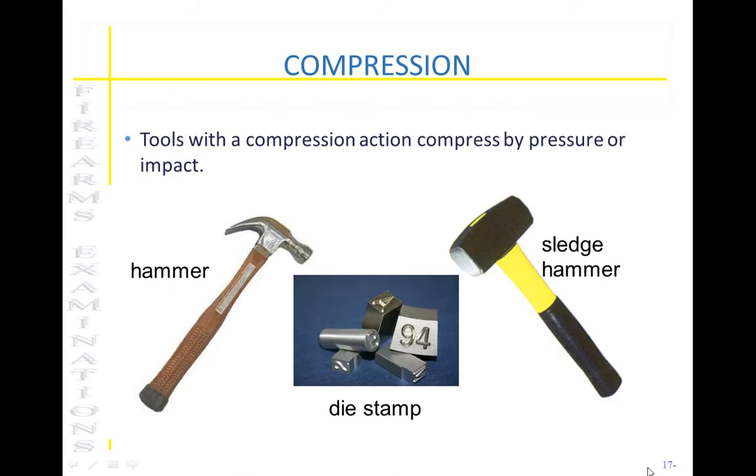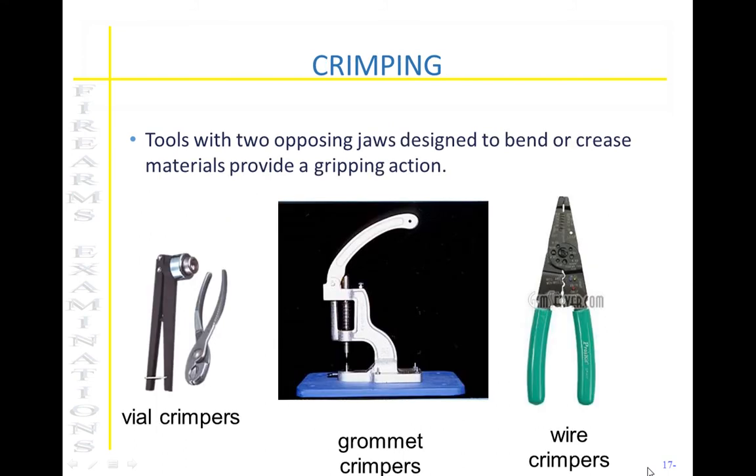You have compression tools that use some type of a compression action to compress by pressure or impact. The most common of these is going to be a hammer. There are also crimping tools that have two opposing jaws designed to bend or to crease materials and provide a type of gripping action.